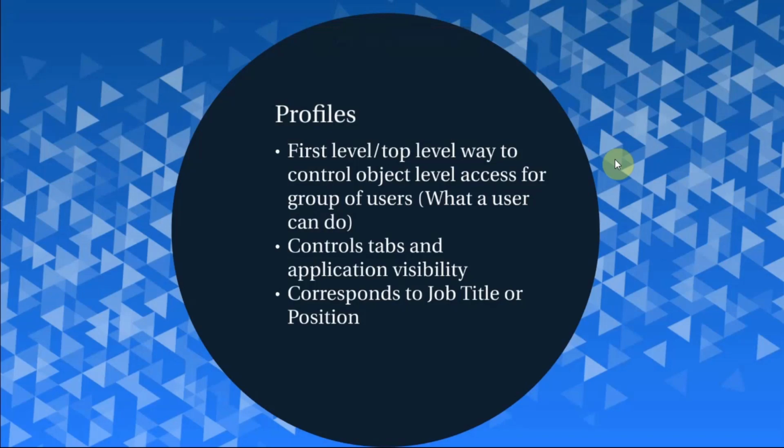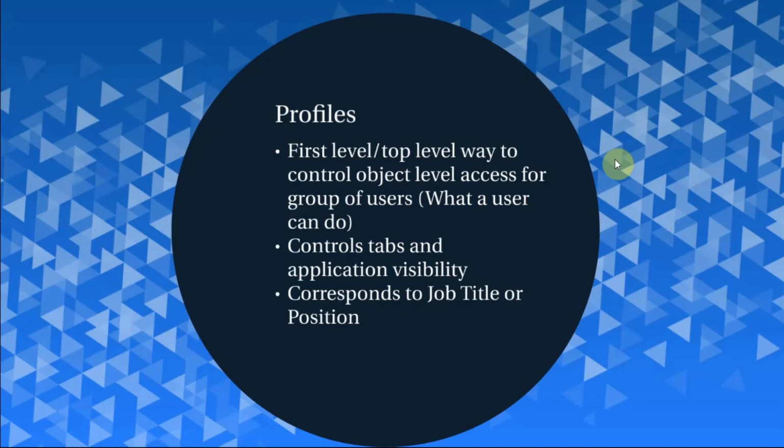Alright, so let's do a little bit of a recap here. Profiles, we know, in the realm of object level security, is the first level or top level way to control object level access for a group of users. This can define what a user can do. It controls tabs and application visibility in addition to that. We saw in our examples we have the ability to hide tabs for certain profiles and also hide the ability to use a specific application.